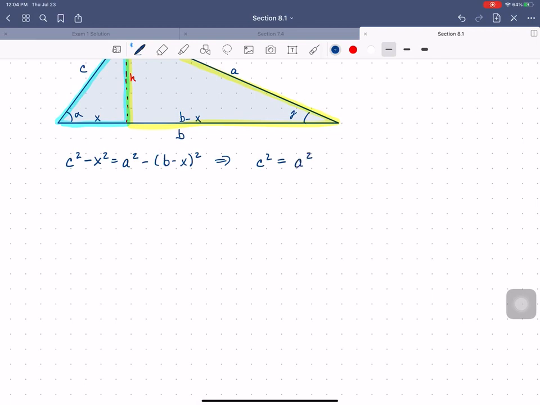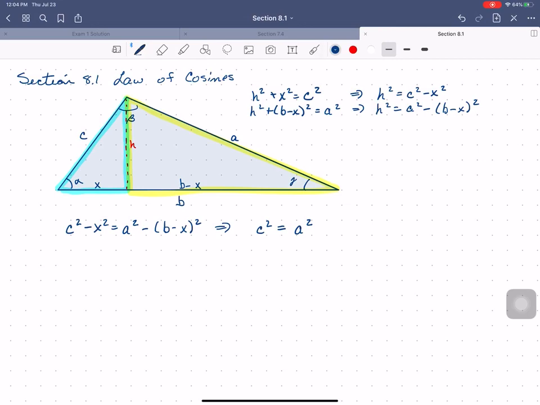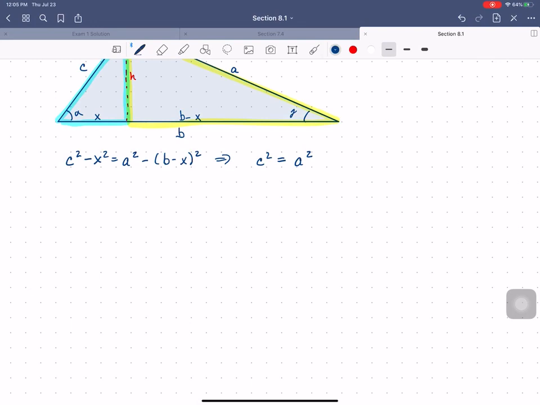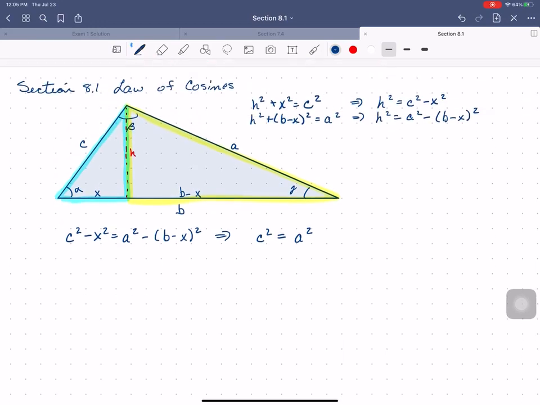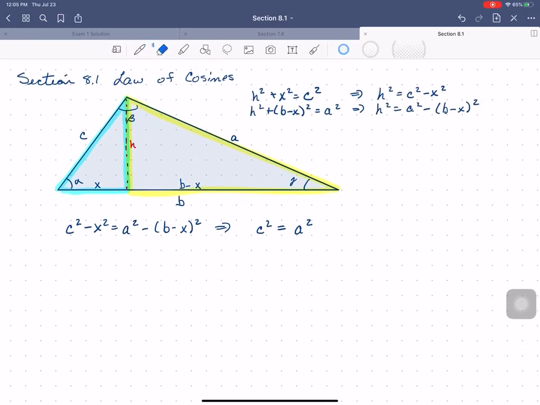So c squared is equal to a squared minus (b minus x) quantity squared plus x squared. Give me a sec, I think I made a mistake. Well, we'll keep going. I'm okay. So I've got a squared minus b squared minus 2bx plus x squared, plus x squared.